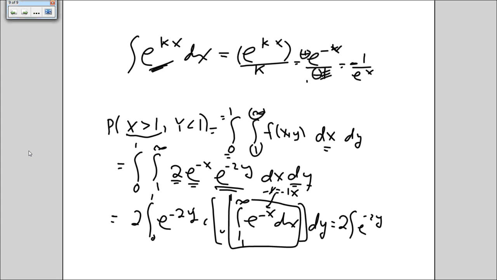Dividing by 1, don't bother doing. Dividing by 1 won't do anything. So you're just left with e to the negative x. You put the e to the negative x on the bottom as e to the plus x. You have to put something on the top. Put a 1. And the sign was negative.